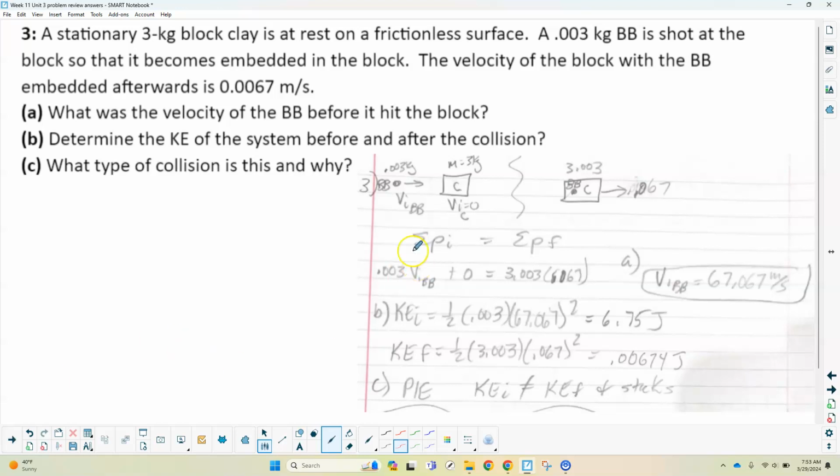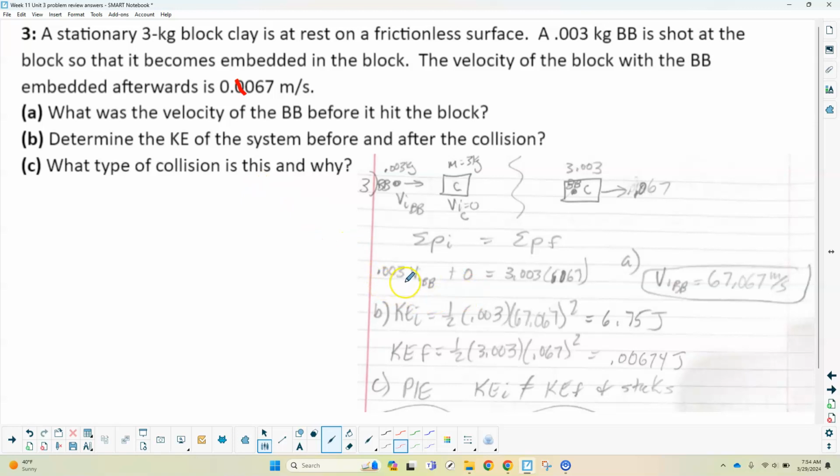Looking at the picture, the BB hits the block, then the BB and block move together at this new speed, and I think I left out a 0. Let me check my paper here. This might be a typo, so I think this should be 0.067. If I left it as 0.0067, it wasn't moving fast enough to be realistic.